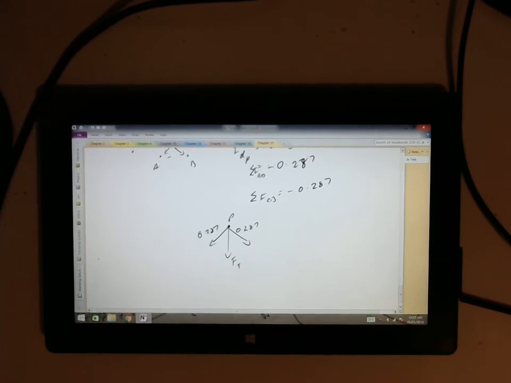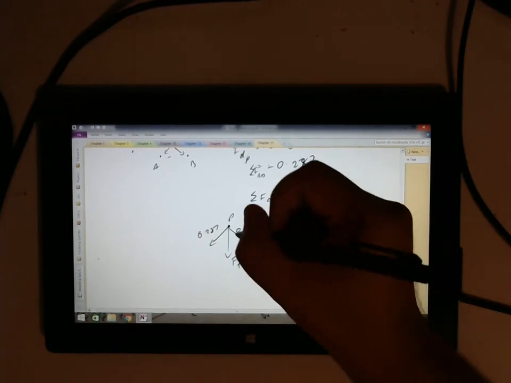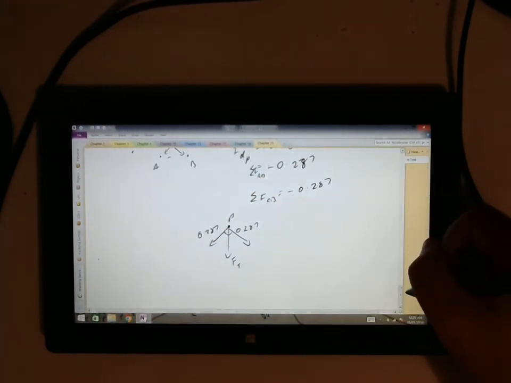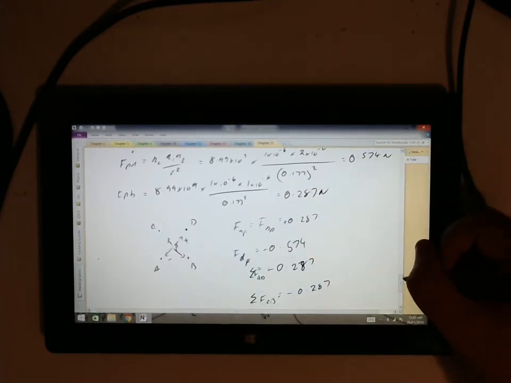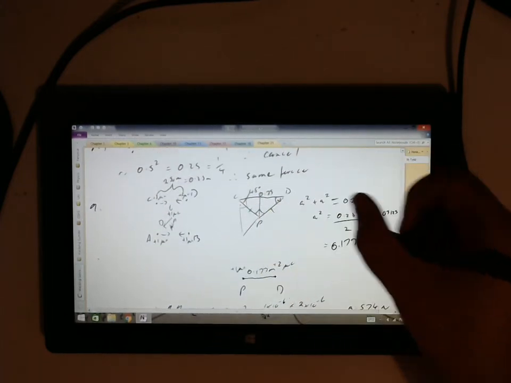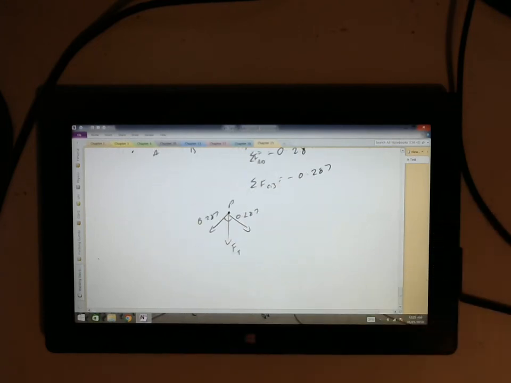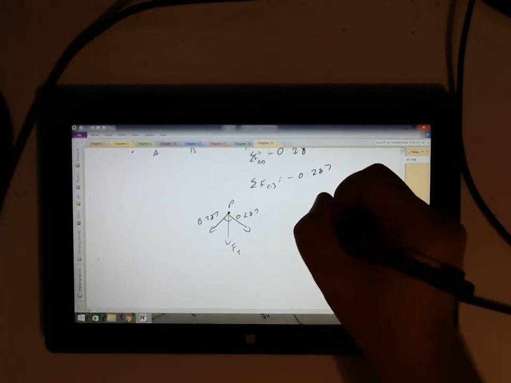Because these are at right angles to each other, the angle between them is 90 degrees. Remember, that's because this internal angle is 90 degrees, as we saw when we were doing some geometry back up here. They're perpendicular to each other, so we don't have to worry about decomposing them at all. We're going to end up with a right angle triangle.